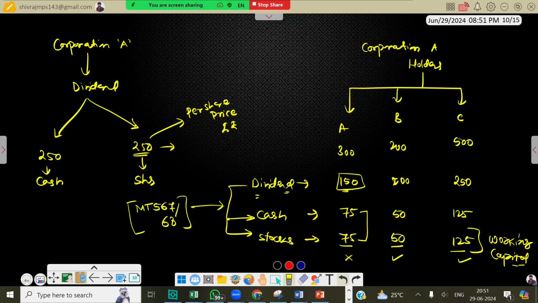Otherwise, I'll complete the one type which was pending from the previous session, which is DRIP, Dividend Reinvestment Plan. I would request everyone, please note down each and everything.